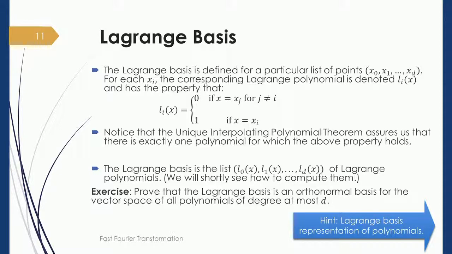And we will shortly show how polynomials can be represented as linear combinations of these Lagrange basis functions, and that will serve as a hint or an intuition into why these basis functions actually form an orthonormal basis.